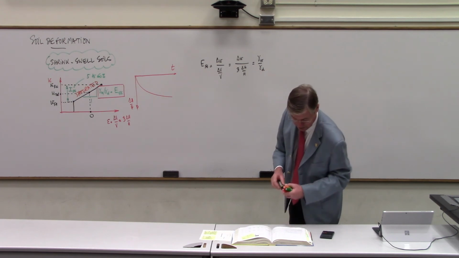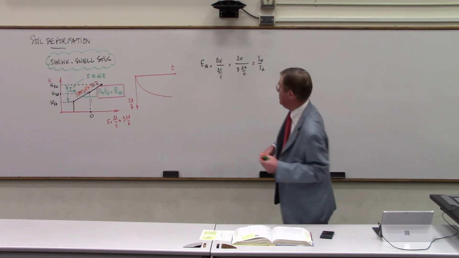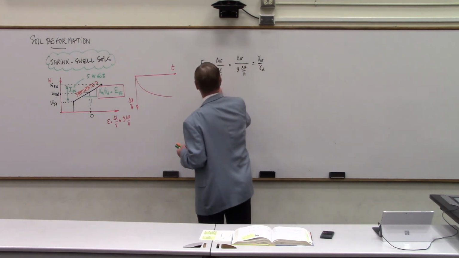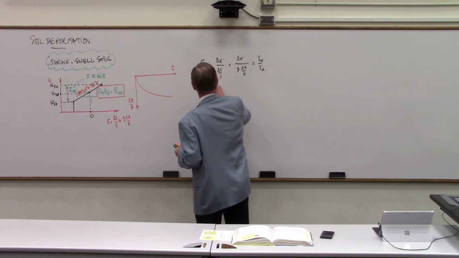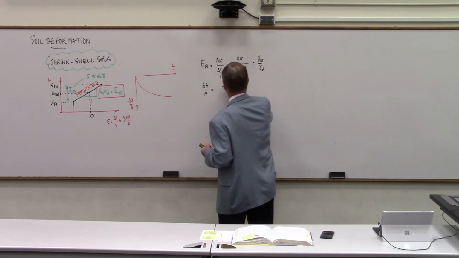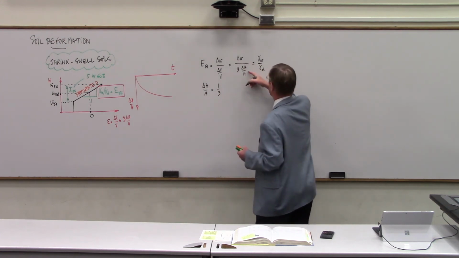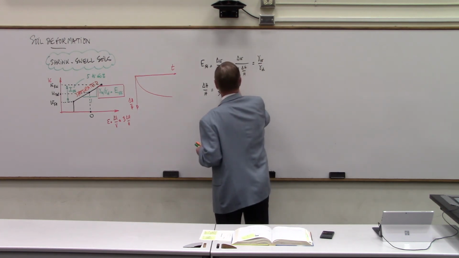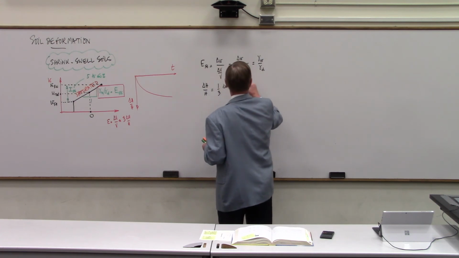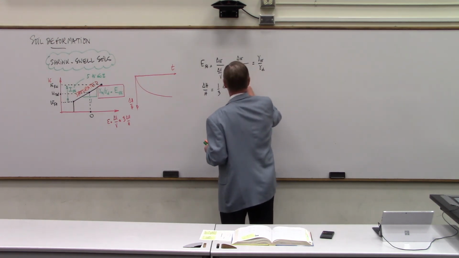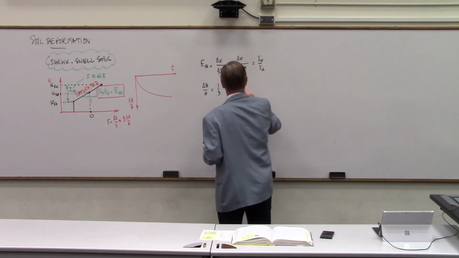The equation basically is that delta H over H is equal to 1/3 of delta W times gamma D over gamma W. Okay.